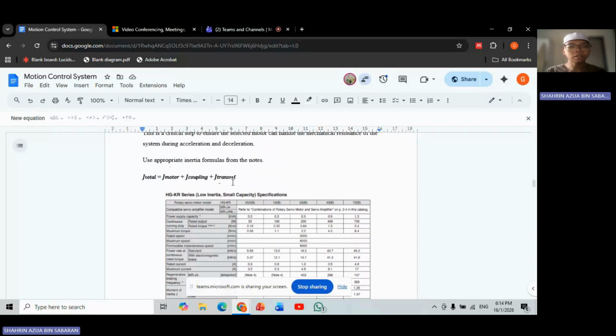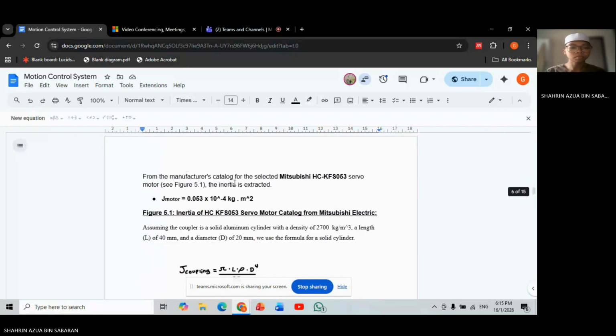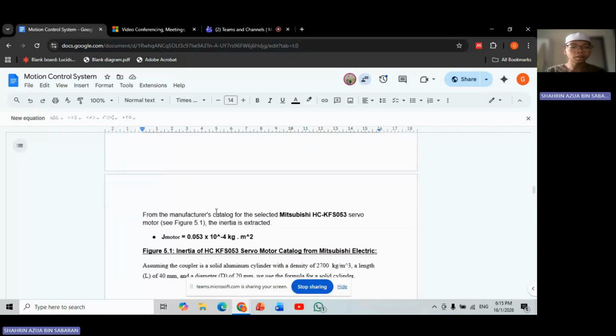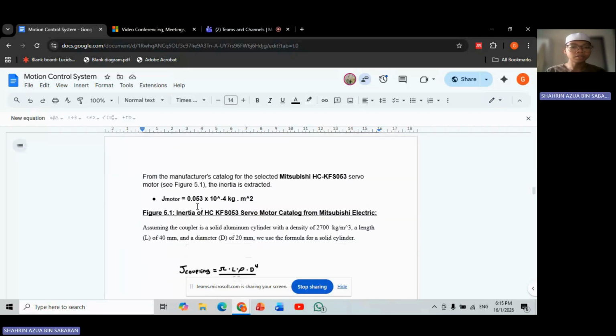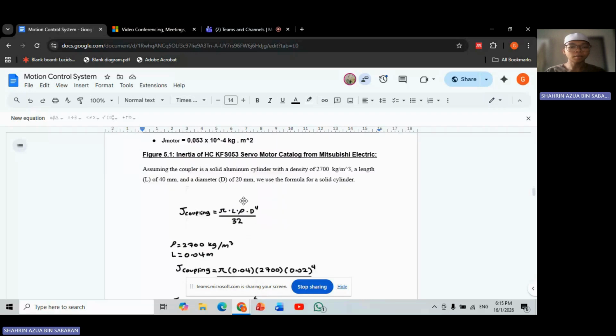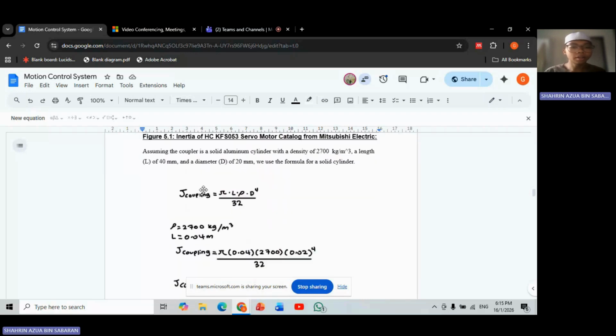plus J trans reference. First, the J motor reference is by the given value, which is 0.053 multiplied by 10 to the power of negative 4 kg m².